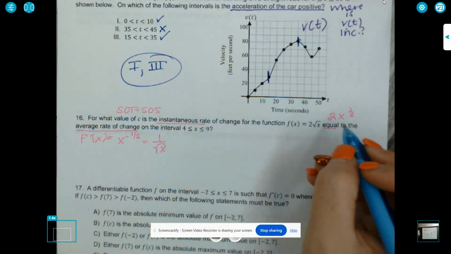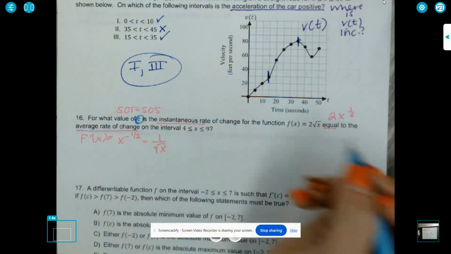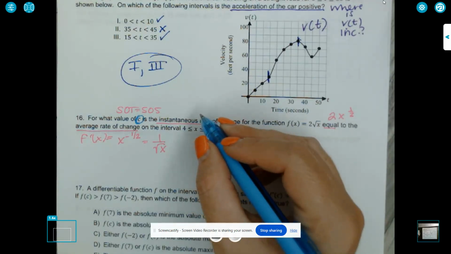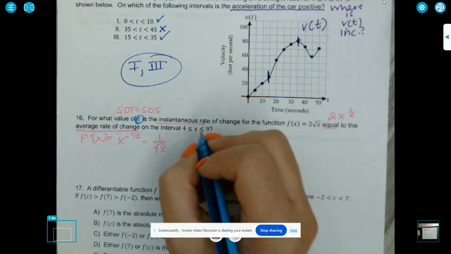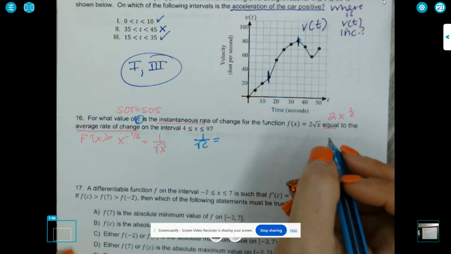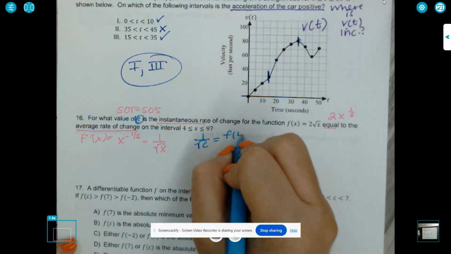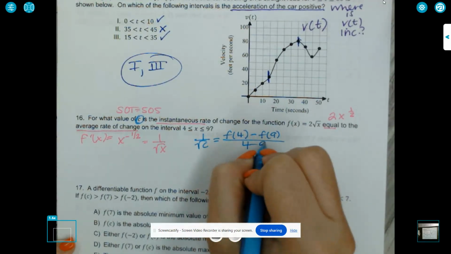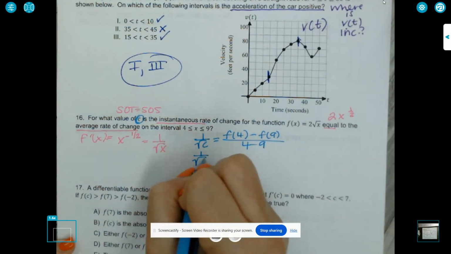So they said for what value of c, so we're going to plug in c, does the slope of the tangent equal the slope of the secant? So the slope of the tangent will be 1 over the square root of c equal the slope of the secant. So that's going to be f of 4 minus f of 9 over 4 minus 9. And then we're going to work that out from there.